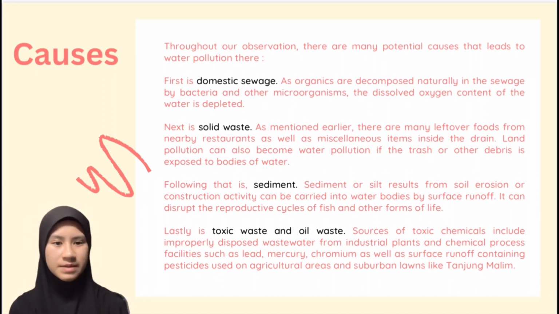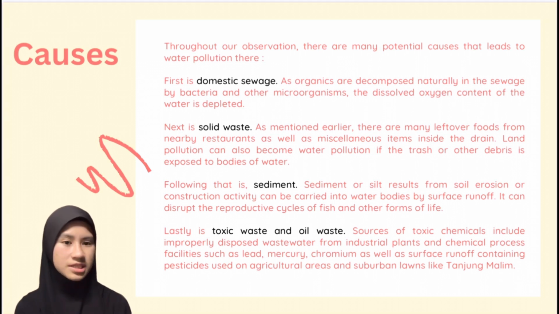Sources of toxic chemicals include improperly disposed wastewater from industrial plants and chemical process facilities such as lead, mercury, chromium, as well as surface runoff containing pesticides used on agriculture areas and suburban lawns in places like Tanjung Malim.